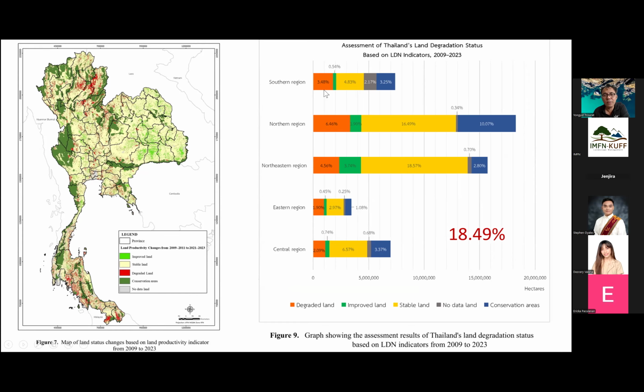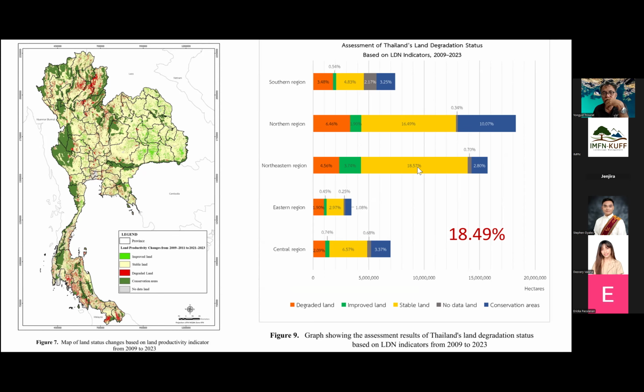In the southern region, about 3.5% is classified as degraded land, while improved condition is about 0.5%, and stable about 4.8%, and the other is no data, or in the conservation area, protected area. In the northern area, 6.5% is classified as degraded land, and 16.5% is still stable, no change.